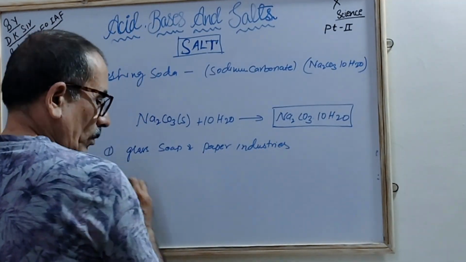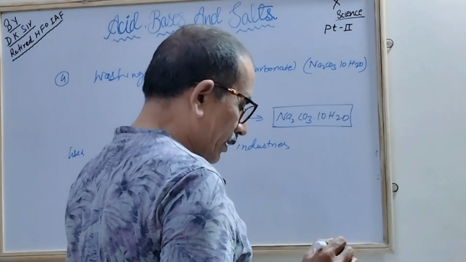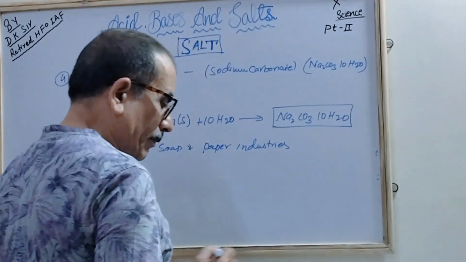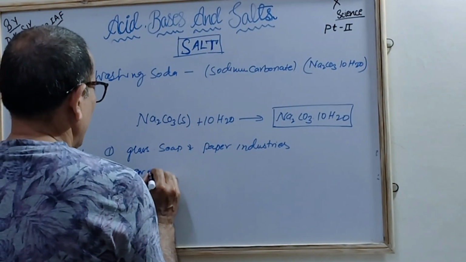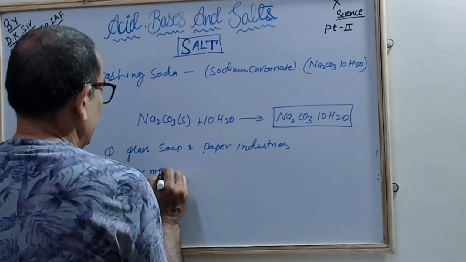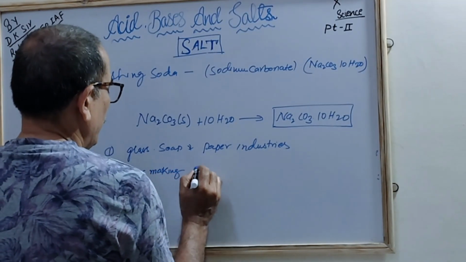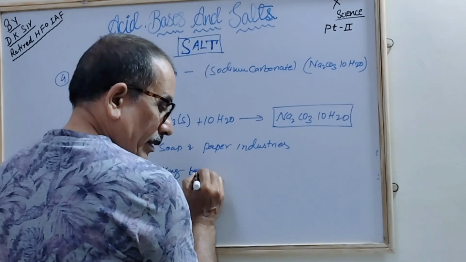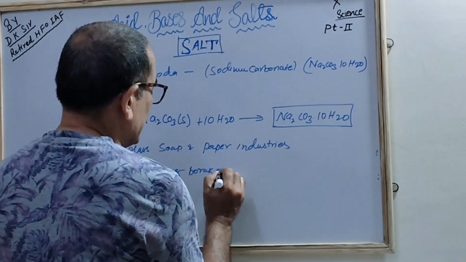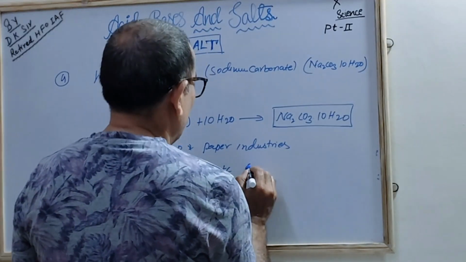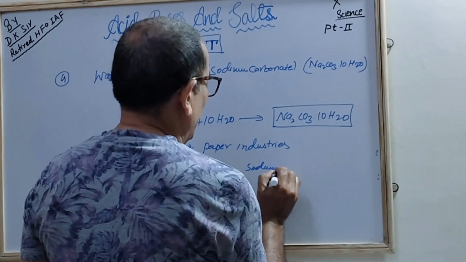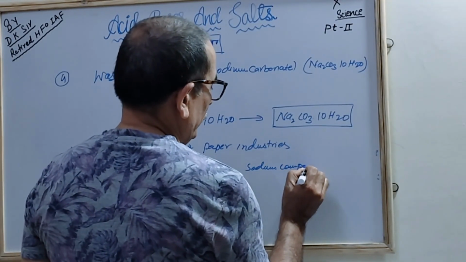The second, what is the use of that? It is used for the manufacturing of sodium compounds like borax. For making borax, etc. Correct? So that is a sodium compound.